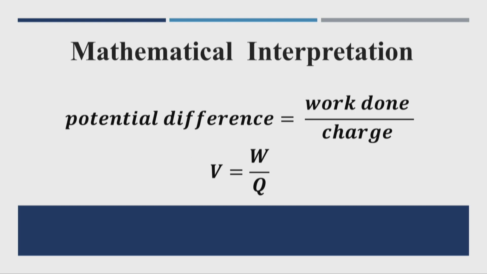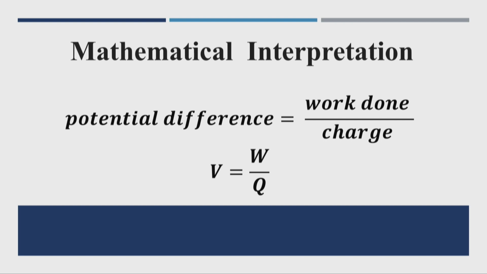Mathematically speaking, Q is the charge which flows between the 2 points. W is the work done to move the charge Q between the 2 points. V is the potential difference between the 2 points.